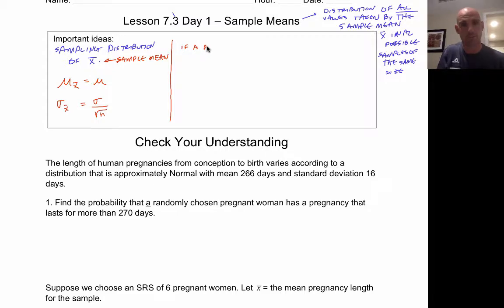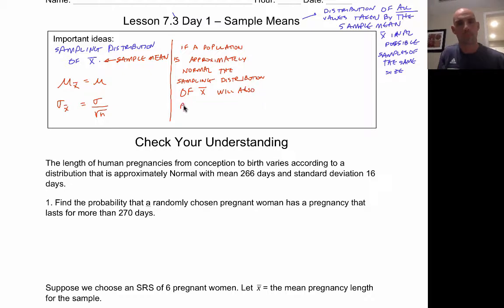So if a population is approximately normal, then the sampling distribution of x bar will also be approximately normal.